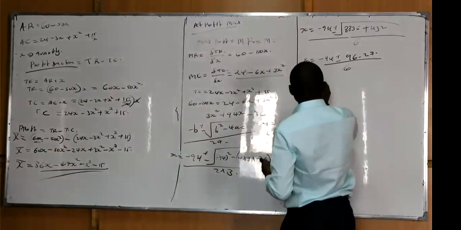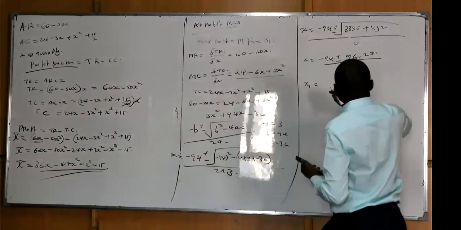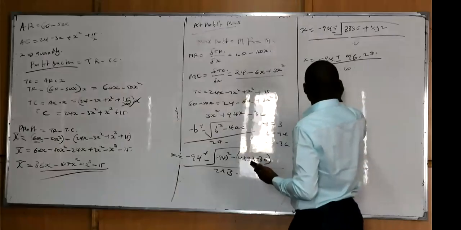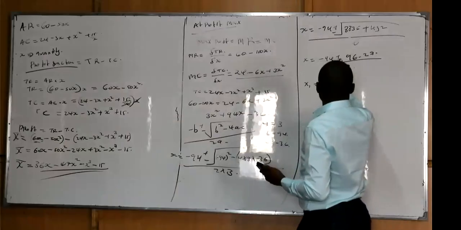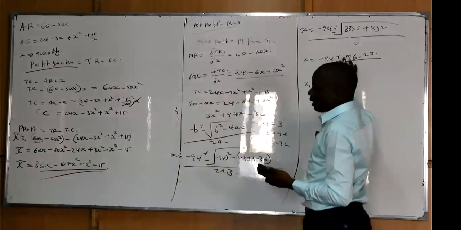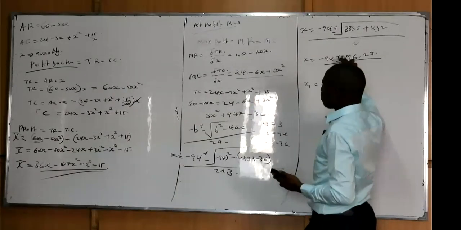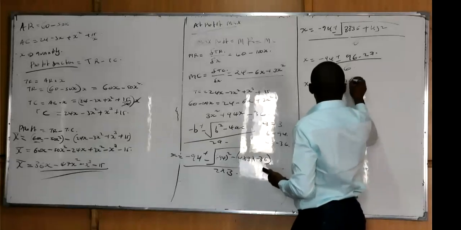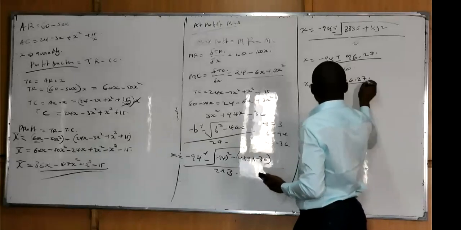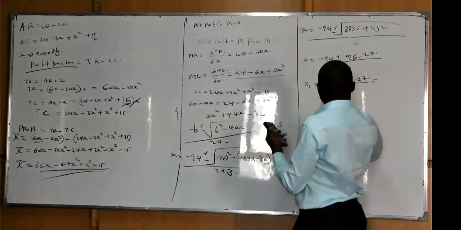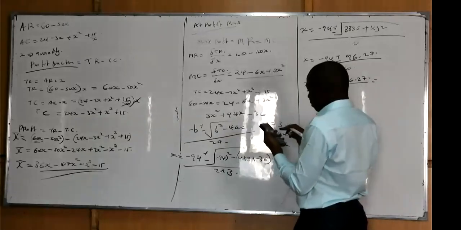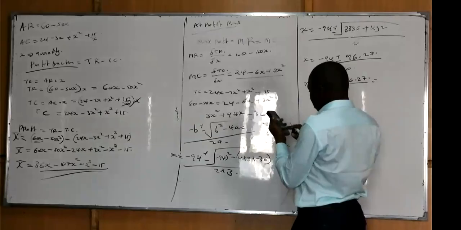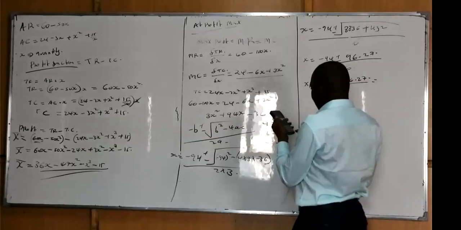So x1 is equal to negative 94. So let us use the positive side. For x1 we use positive, for x2 we use negative. So minus 96.27 divided by 6. So here it is positive.